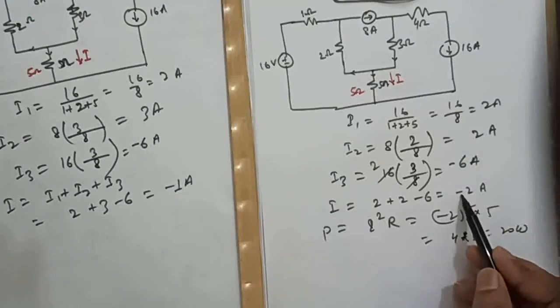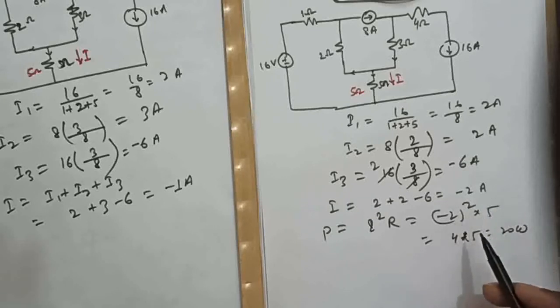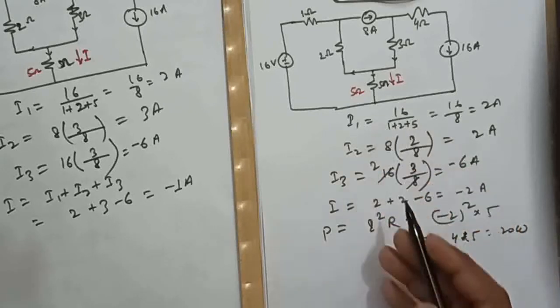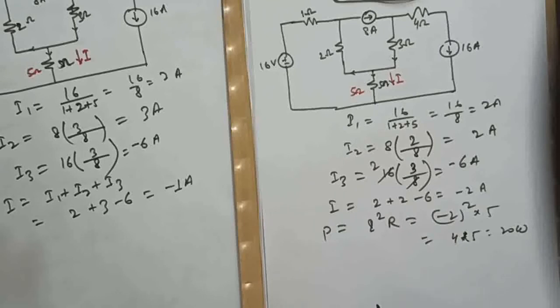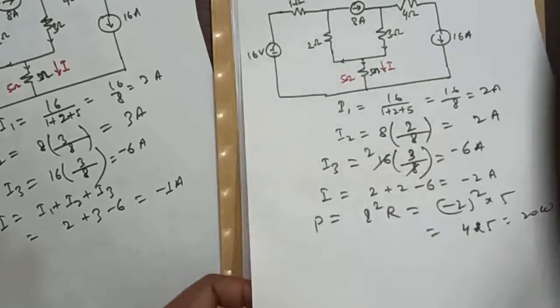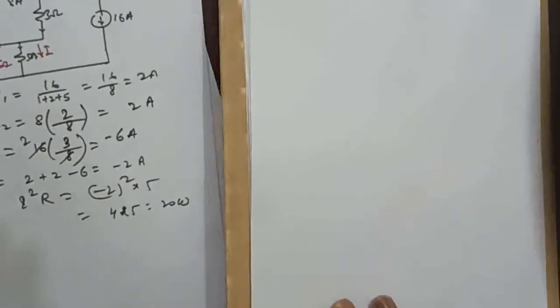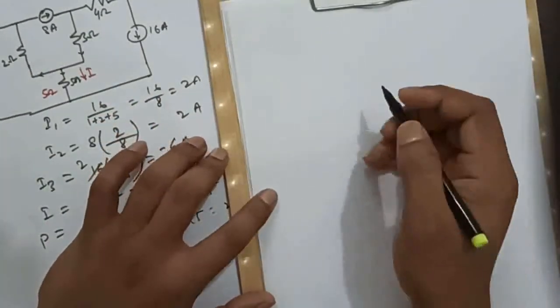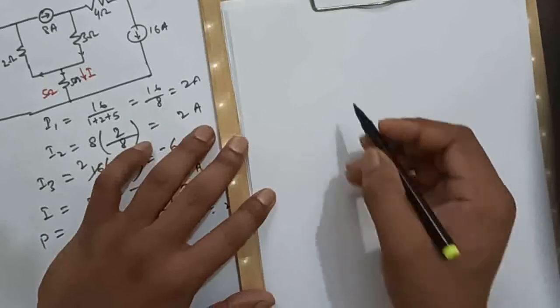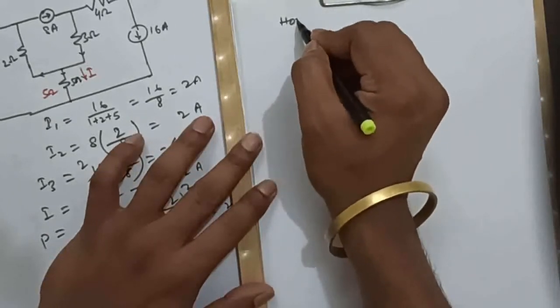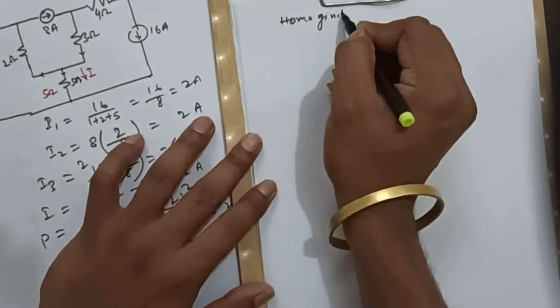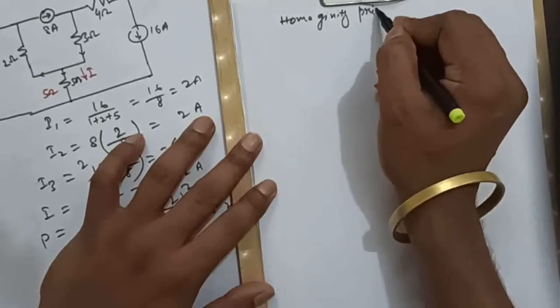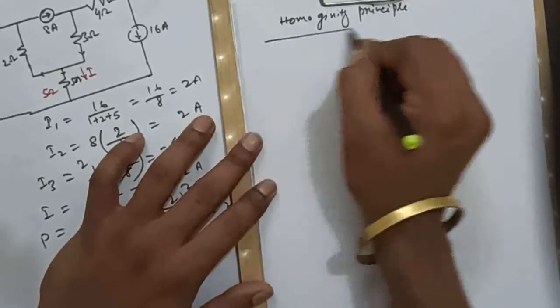This minus here is representing the sign, means the net current is flowing opposite to the direction of I, that is assumed direction I or asked direction I. Now come to the next theorem, which is homogeneity, or simply this is not a theorem, this is a principle basically, or it states homogeneity principle, right?